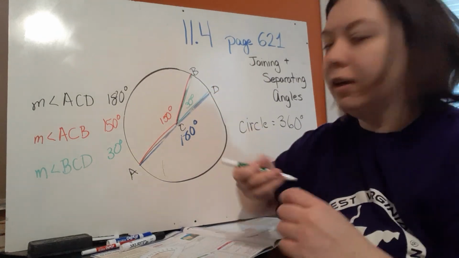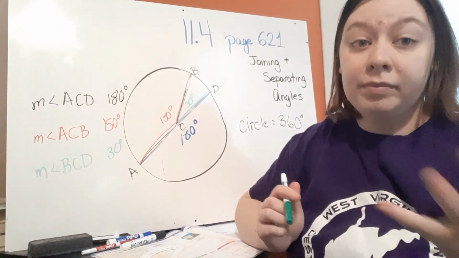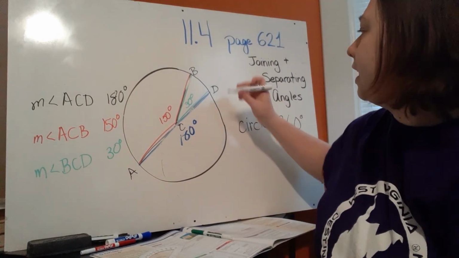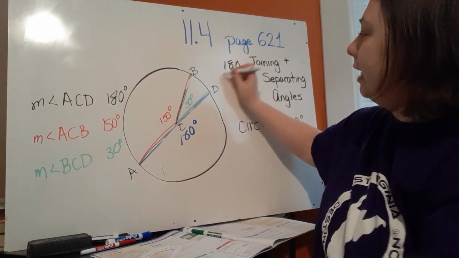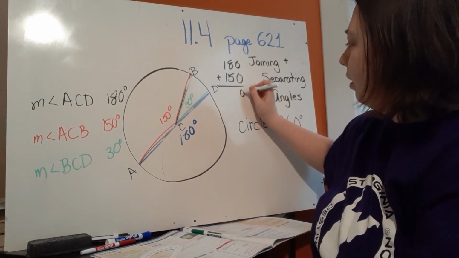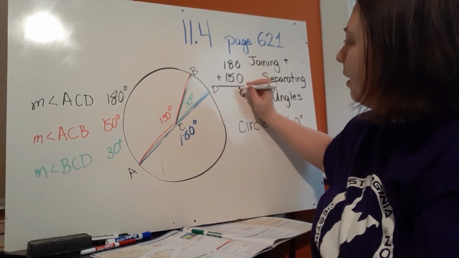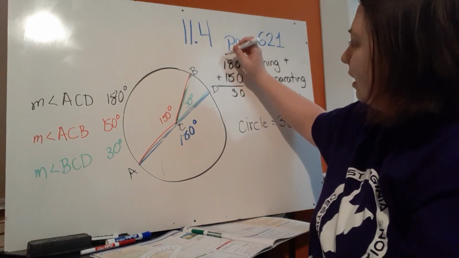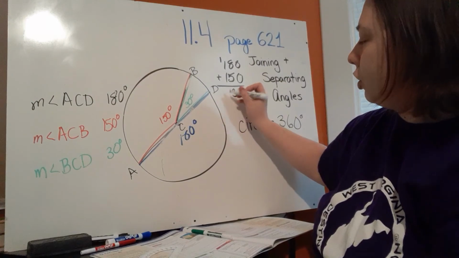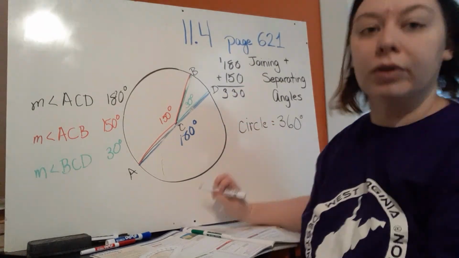So, when I total them up, they have to equal 360 degrees. So let's see. We have 180 plus 150. So 0 and 0, 0. 8 plus 5 is 13. 1 plus 1 plus my extra 1 is 3.